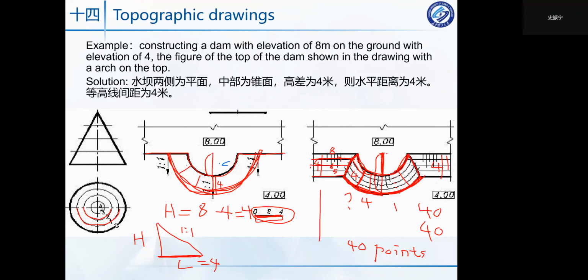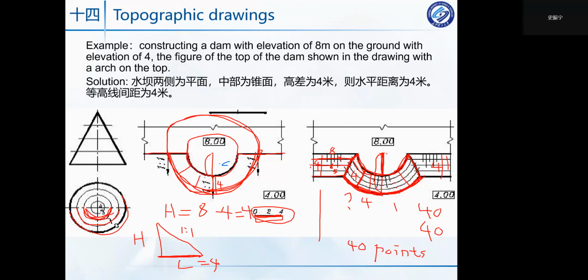You can see if we use CANVAS to draw two circles, the first one is this one, and the big one is this one. They are in the same cone like this. You can imagine this circle is like this, and this one is like this.